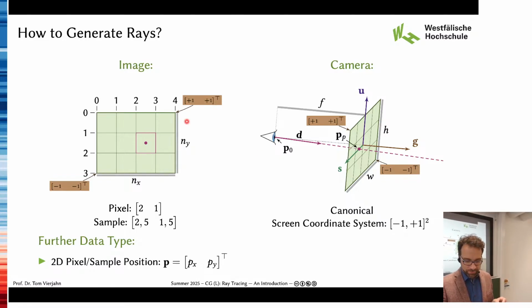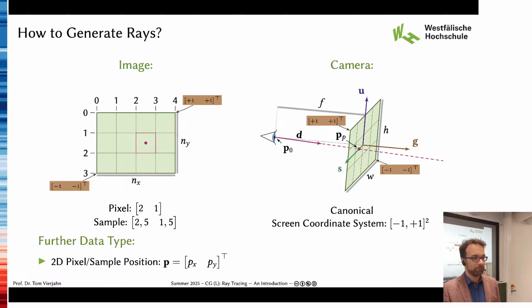You know, this is pixel or sample 2.5, 1.5. Well, yeah, divide 2.5 by 4, multiply it by 2, shift it by 1. You have the position here. Take the position here in this orange-brownish coordinate system. Scale the position up by the half of the width, because this is symmetrical.